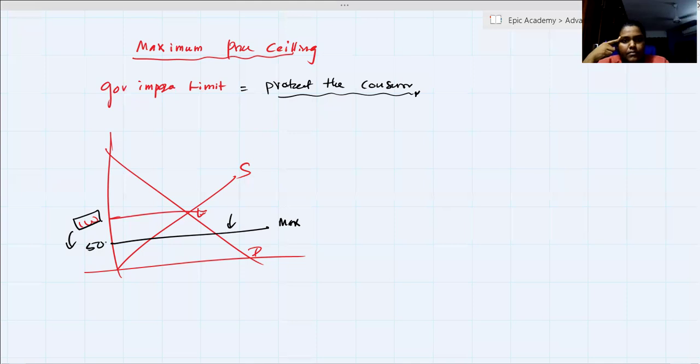That is why the government tells them that this is the maximum price at which you can transact this particular commodity. And we know that according to price changes, demand and supply can change, so the entire market activity can change. We have to identify those things.